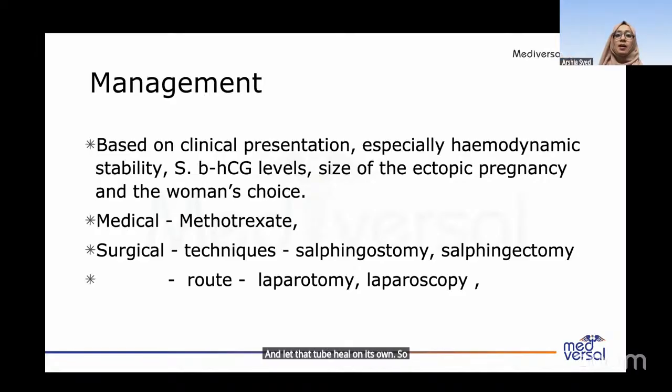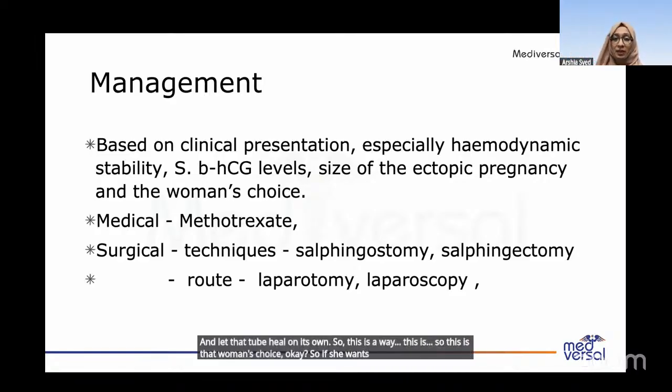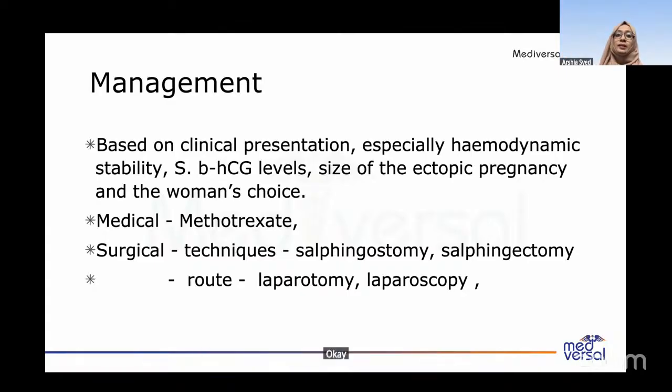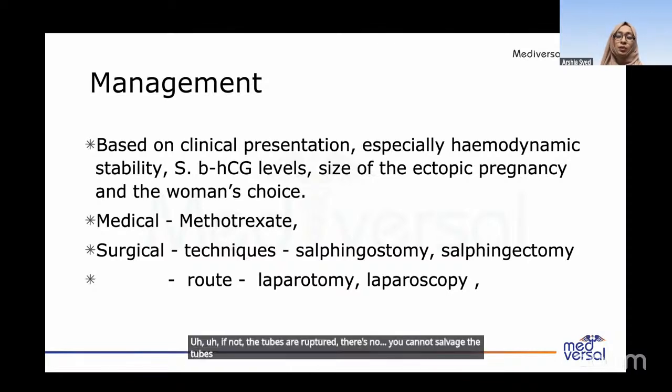So this is the woman's choice. If she wants the tube to be saved, you can do a procedure like a salpingostomy. If the tube has ruptured and you cannot salvage it, you have to go ahead with salpingectomy. So this is surgical management.